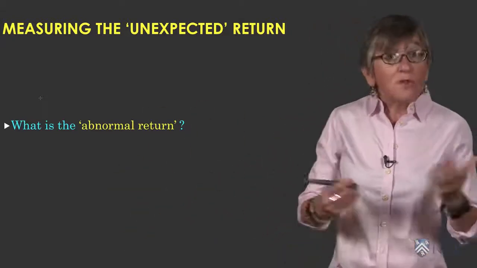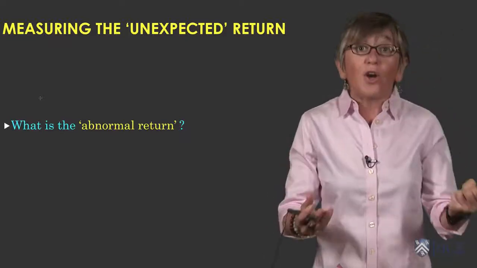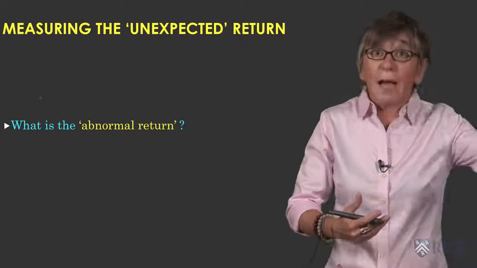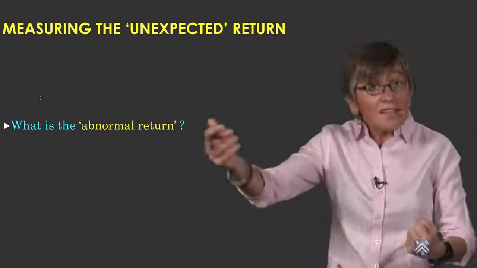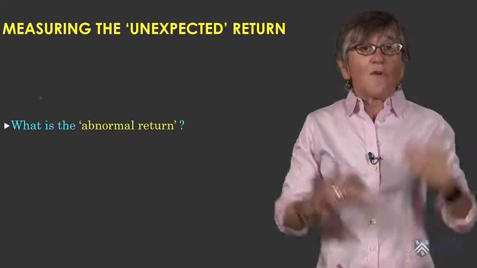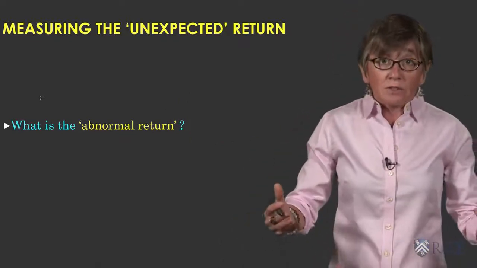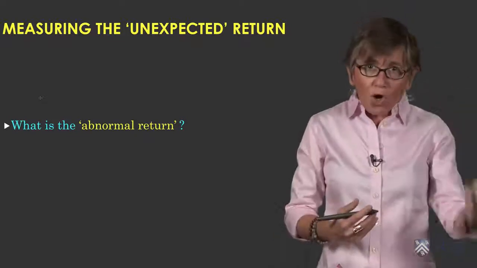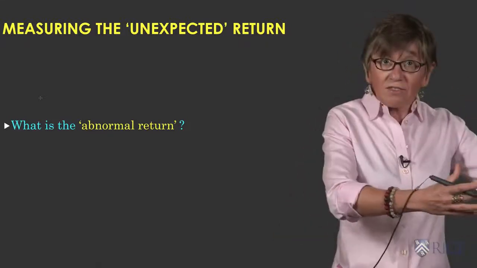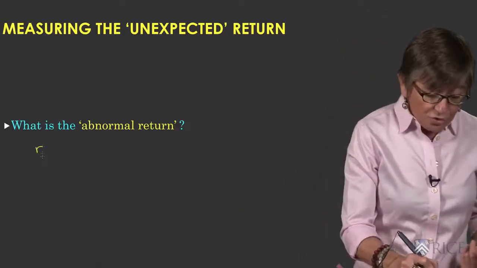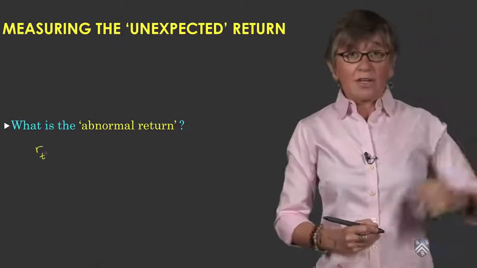Well, one way might be to think of returns as being determined by a market factor, just like in CAPM, as we saw in the previous course, plus some idiosyncratic firm-specific factor. So we could write down what we call an index model and decompose the return into a market and a firm-specific component. Suppose this is the return on a security.